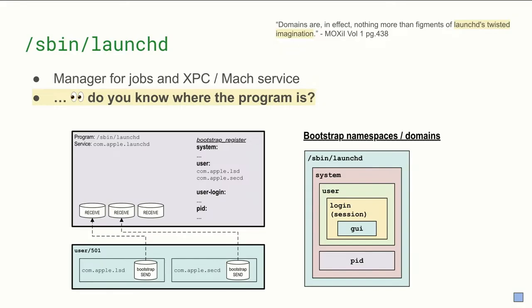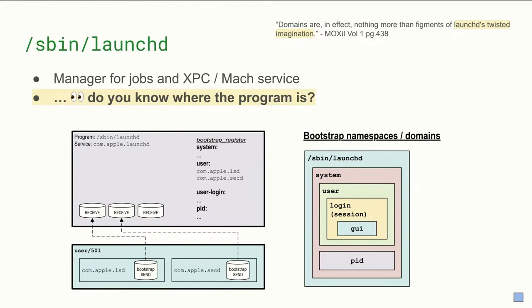It can just run on behalf of this user. Then the login domain specifies which type of login session, so think GUI login, Aqua, SSH session, Telnet, all the rest. The GUI domain is a convenience domain for a specific type of login session. If it has an Aqua session, you'll be able to reference it with this GUI domain here.